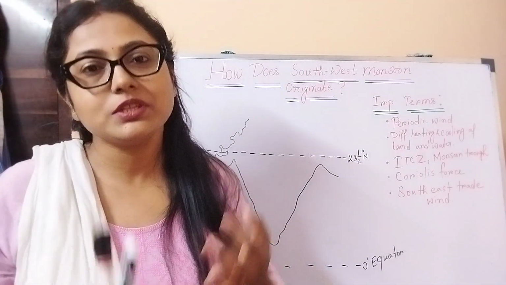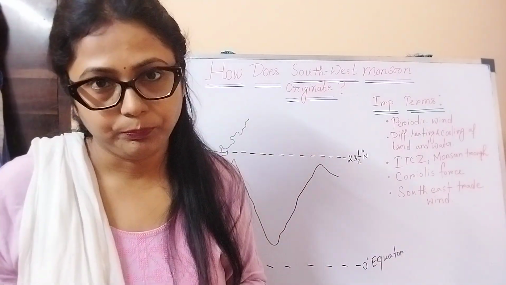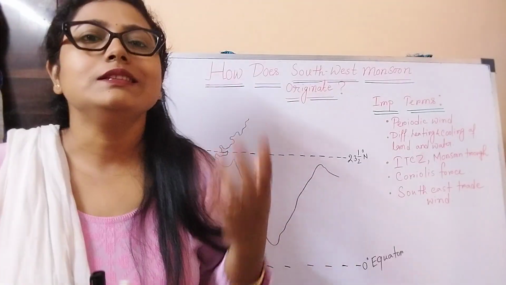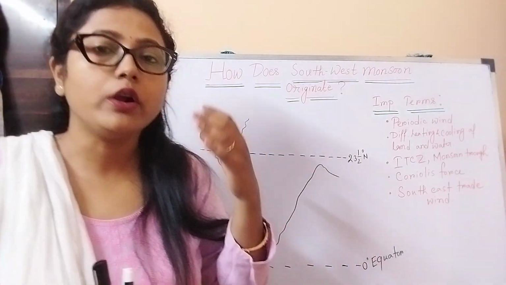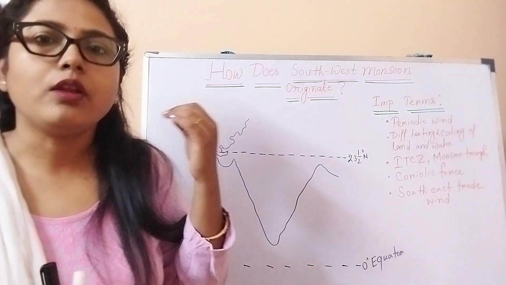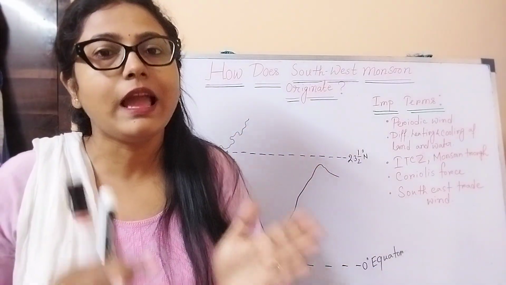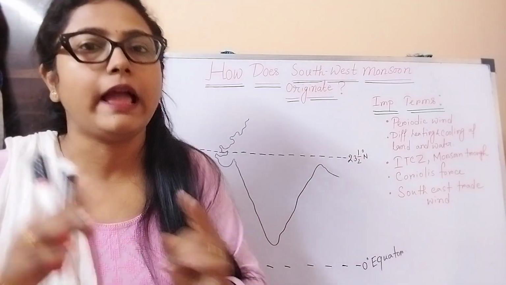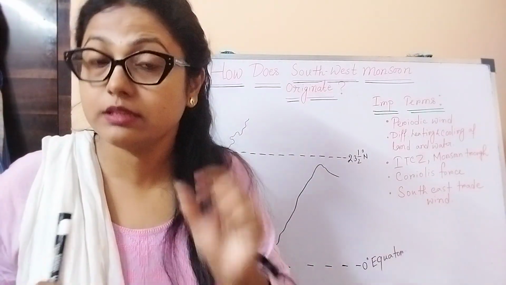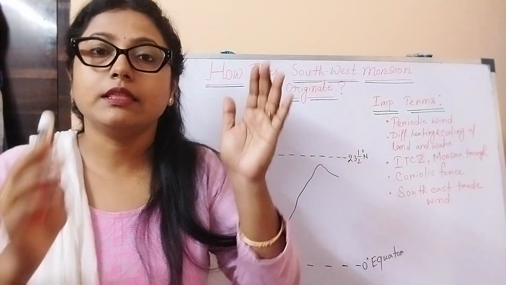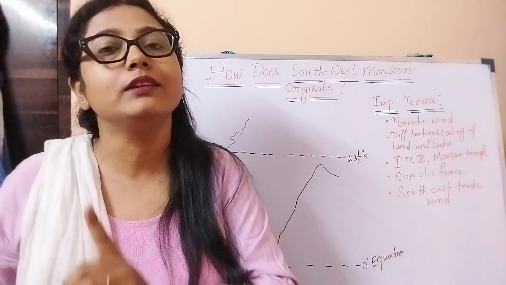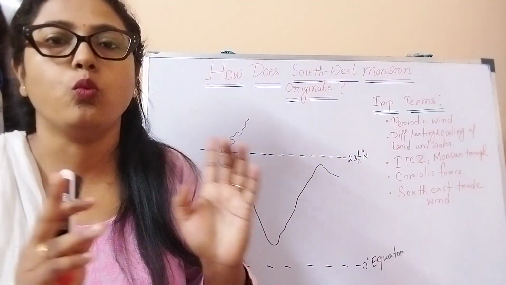And we have learned about periodic winds as well. So what are these periodic winds? Periodic winds originate due to the differential heating and cooling of land and water. Keep this in mind. This is a very important term.